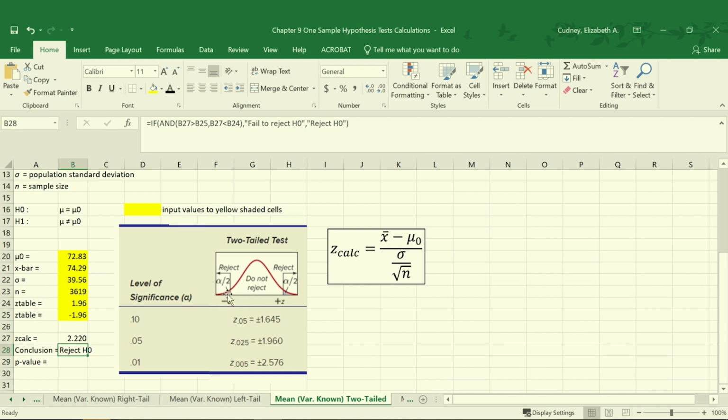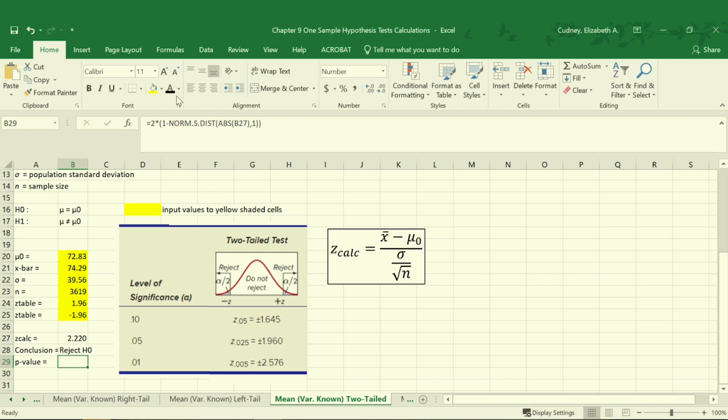So if it's greater than the negative z-value and less than the positive z-value, and it has to be both, then we're going to fail to reject the null hypothesis. Otherwise, it would not be in this region, so we would reject the null hypothesis because it would fall into one of those two regions. In this case, we are rejecting it, so our conclusion from our logic is to reject the null hypothesis that the mu is equal to mu naught.